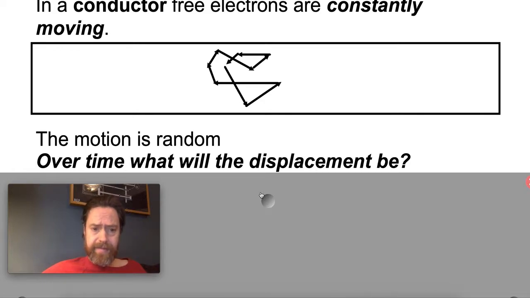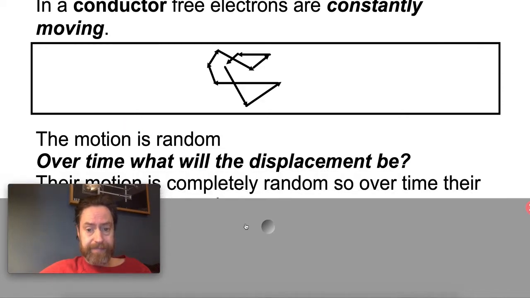There's no net movement of these things. If you looked at one individual electron, you might find that it moves slightly more to the right than to the left, and it sort of gradually moves over. But because there are billions and billions of these charges moving around at random, overall, they don't go anywhere.